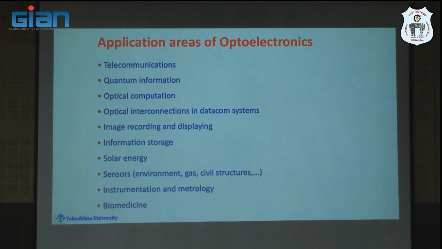So you can imagine how much progress we have made in the field of information storage within the last 10 years. That is also a part of optoelectronics. Why? It stores the information, but the information is detected by light. That's why it is also part of optoelectronics.